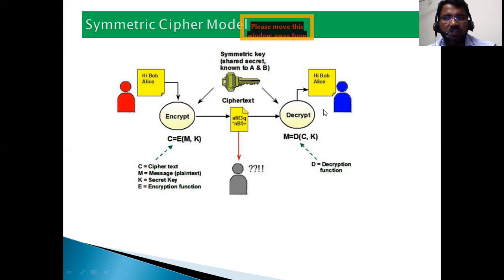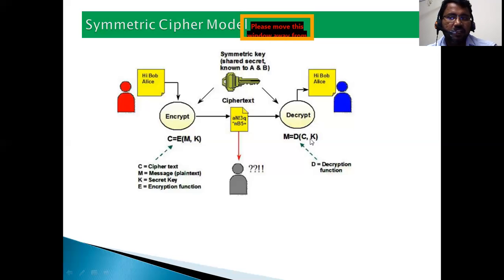Now the receiver will contain the decryption algorithm, which is, most of the time, the reverse of the encryption algorithm. Here D is considered as the decryption algorithm, C as the cipher text which is received, and K as the secret key which is shared by the sender.